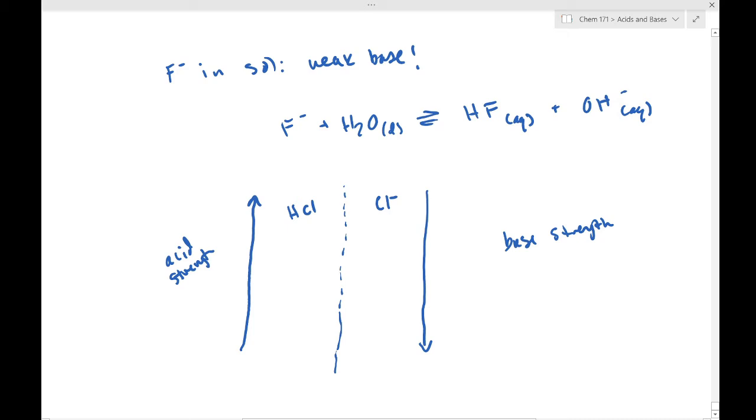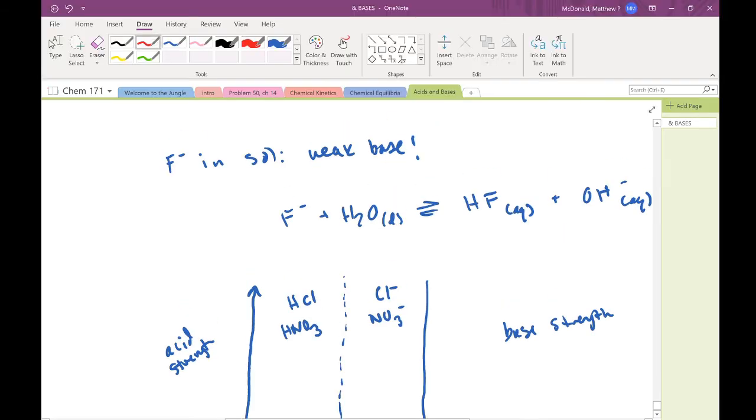HCl is a very strong acid, so its conjugate base is extremely weak or neutral. In this case, we can also write nitric acid here. And the conjugate base, a nitrate, is also so weak in terms of base that it's completely neutral. Let's do a different color here. And we'll put those in a little box. And these are pH neutral.